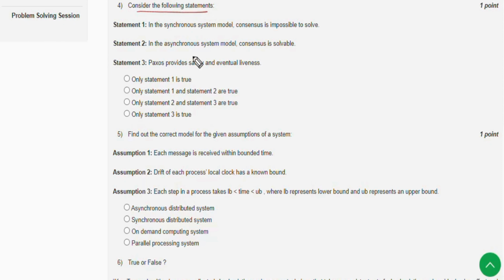Consider the following statements. Statement 1. In the synchronous system model, consensus is impossible to solve. Statement 2. In the asynchronous system model, consensus is solvable. Statement 3. Paxos provides safety and eventual liveness. Okay. In statement 1, the consensus is solvable.